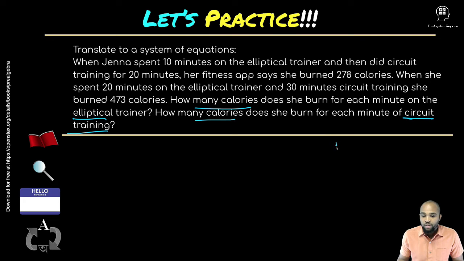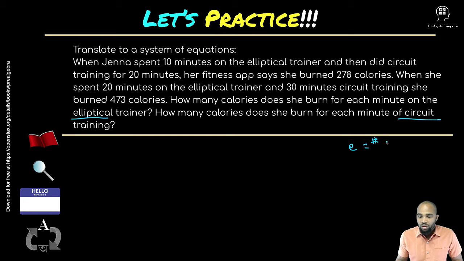So we're talking about two things, the elliptical and the circuit. So I'm going to call E the number of calories for the elliptical, and C the number of calories burned on the circuit.